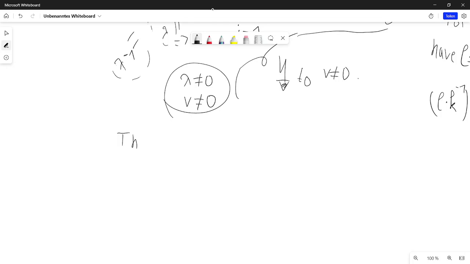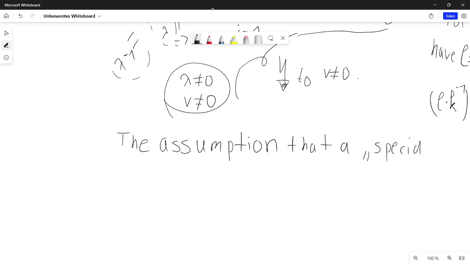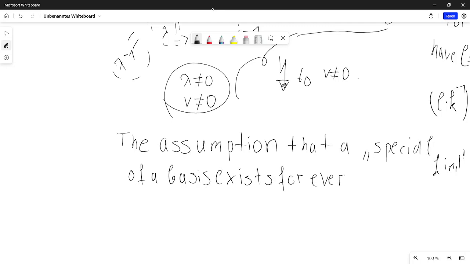The assumption, that is an assumption, that a special kind of basis exists for every vector space.